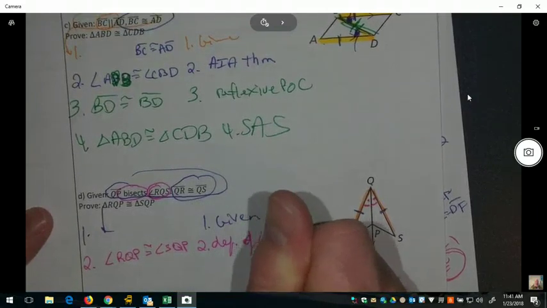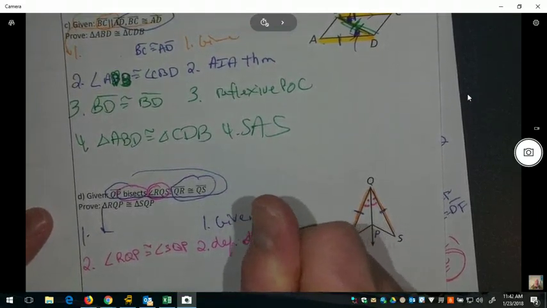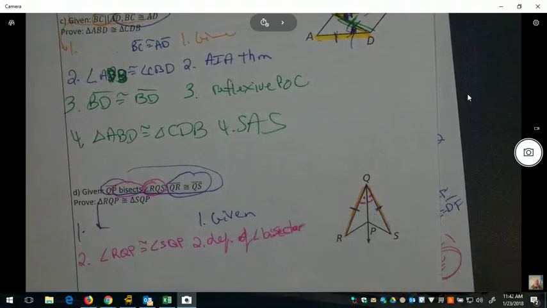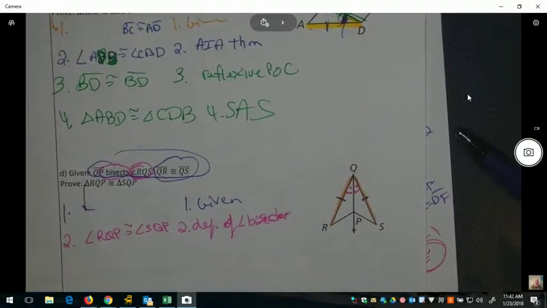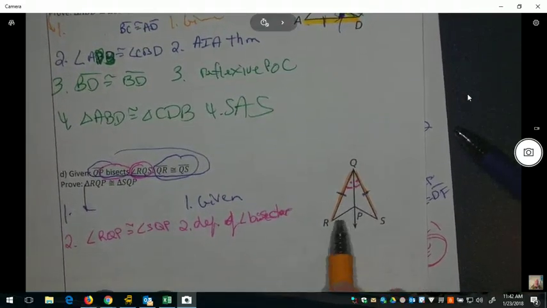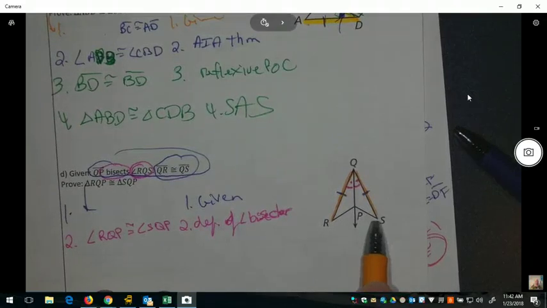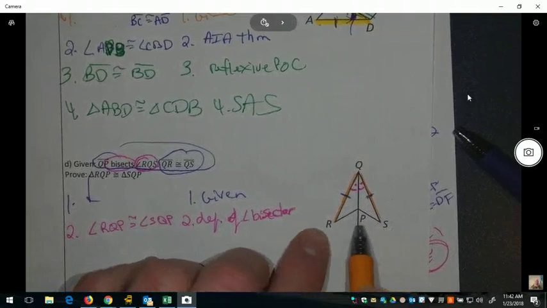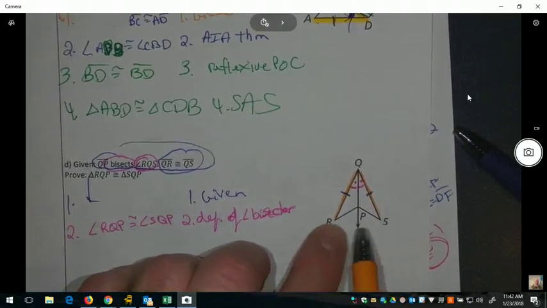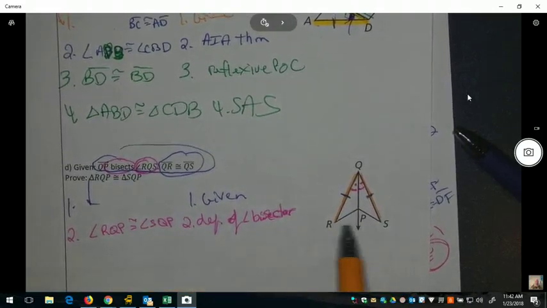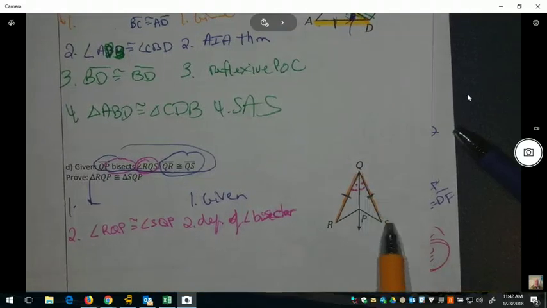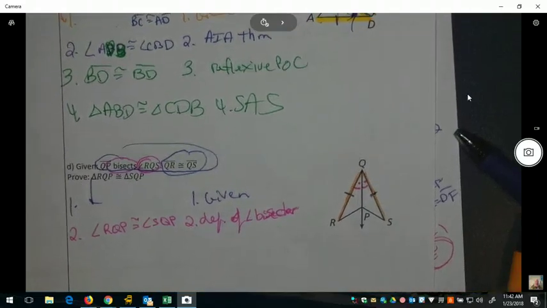If you just put bisector, that's okay too, but make sure that you know it's the angle that was bisected, not a side. I've had a lot of people who thought RP and PS could be marked congruent, but it's not. If it were side RS and P was in the middle and RS was bisected, that would be the case. RS wasn't bisected. The angle RQS was.